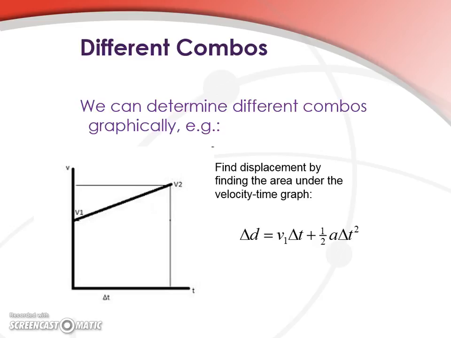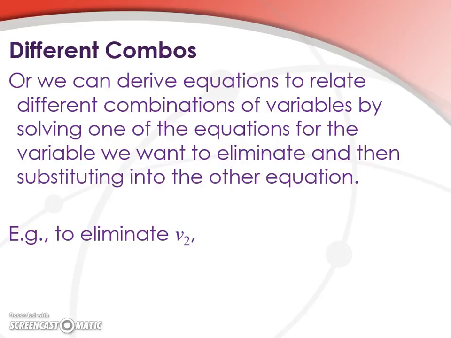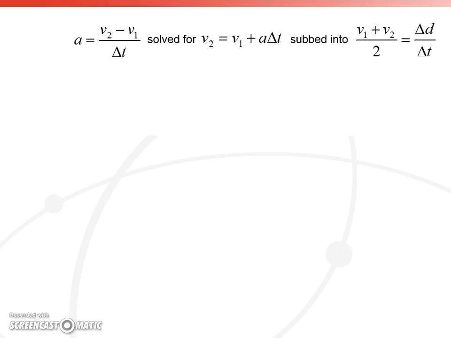Now, don't get confused. In this particular example, we were braking, so the slope would be negative, but all of the mathematics is the same. Or we can take a purely mathematical approach. Since we don't know the final speed for our car's case, we need to eliminate that from the expression. How do we do that?